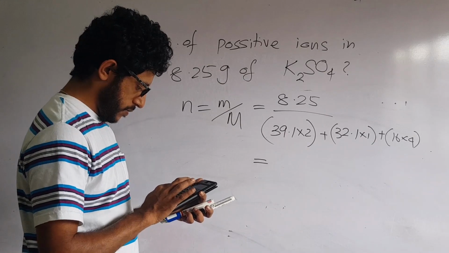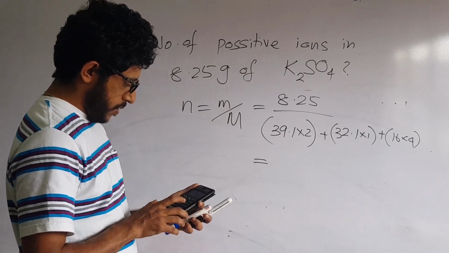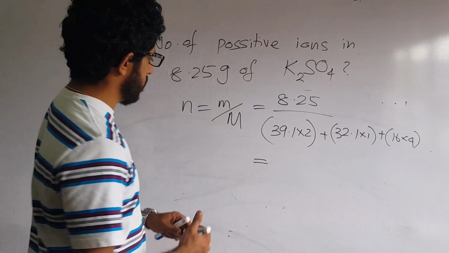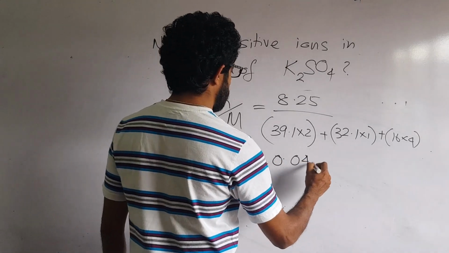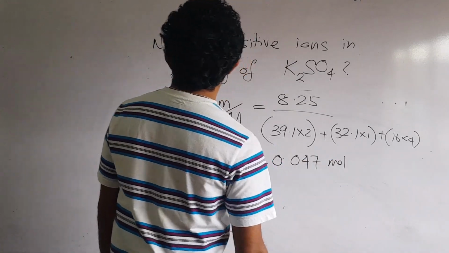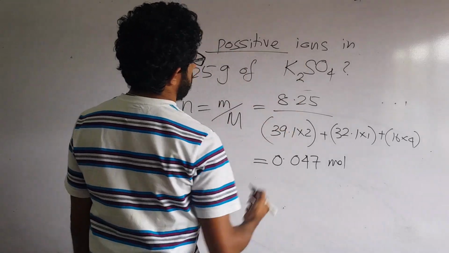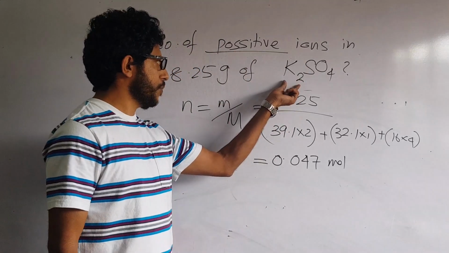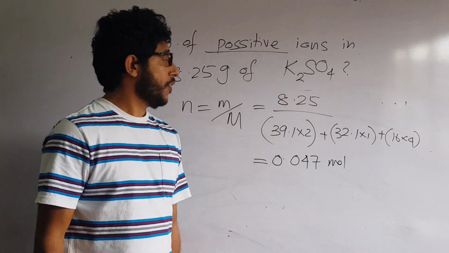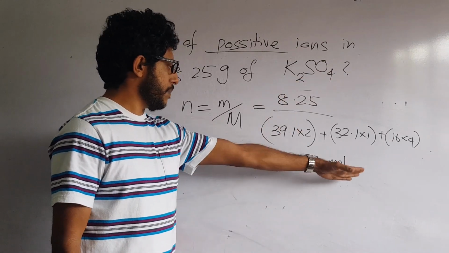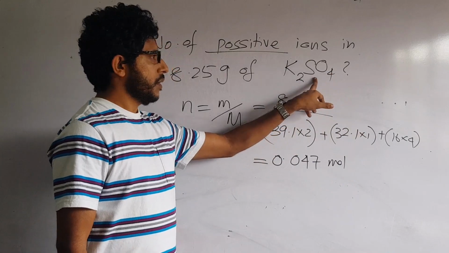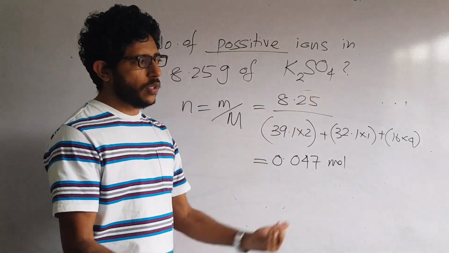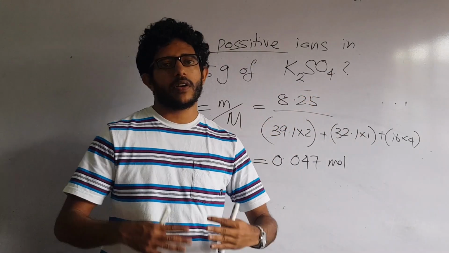Take the answer, 0.047. 0.047 moles. Now, they're asking only the positive ions. If they asked for the total atoms as in the previous question, you have 2 potassium, 1 sulfur, 4 oxygen. So you have to multiply this answer by 7. But now they are asking positive ions, or cations.